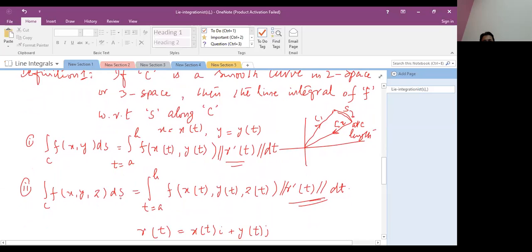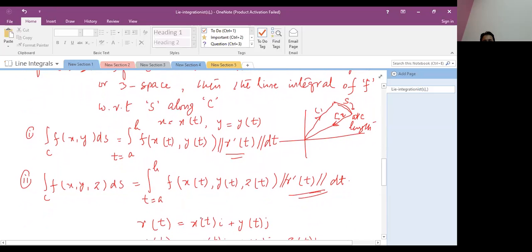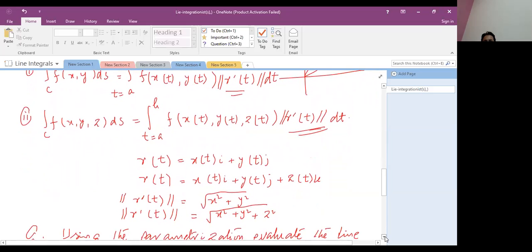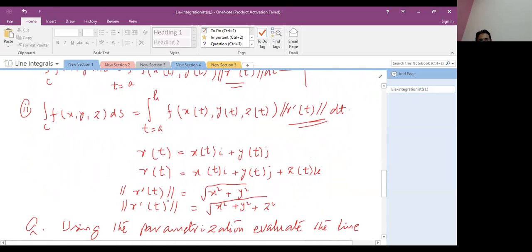Similarly for 3 space, the definition is similar, where r of t represents the radius vector, x of t i plus y of t j in 2 space, and r of t the radius vector in 3 space. If you find the derivative of the radius vector, then you find the magnitude in 2 space and in 3 space. We apply these formulas.